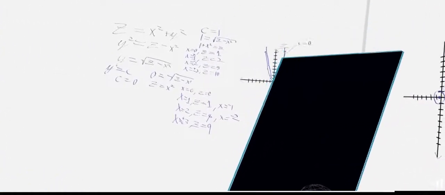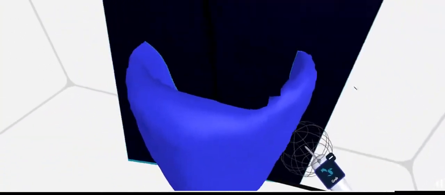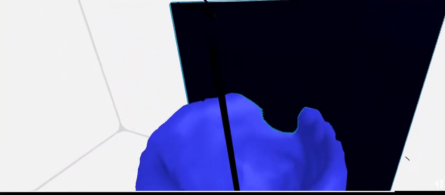Oh, there it is. So there's my x-axis. As you can see, the z is there, the x is there. So it'd be shifting up in the y direction. And as it continues to go in the y direction, the shape is increasingly going up along it.